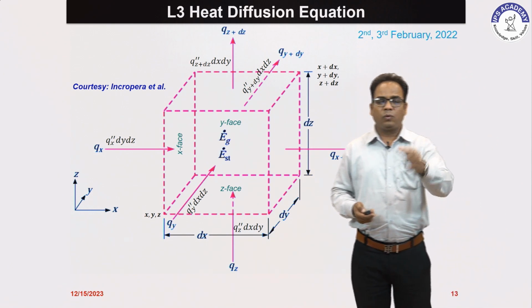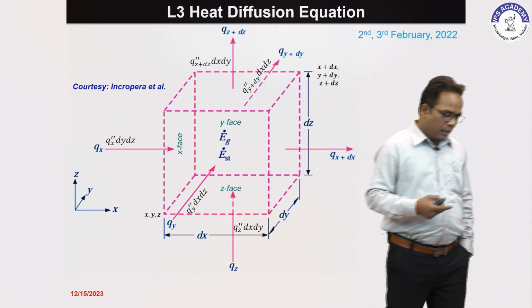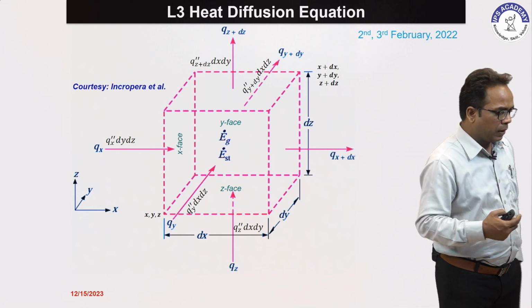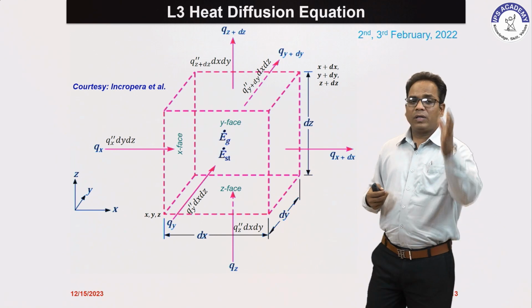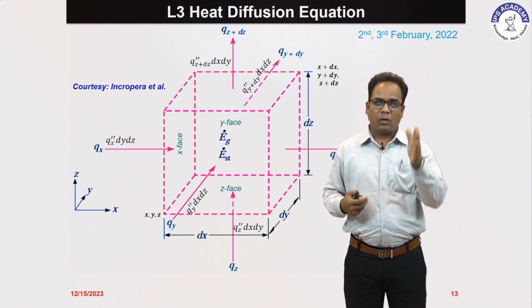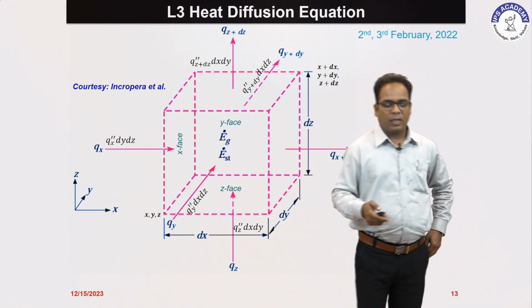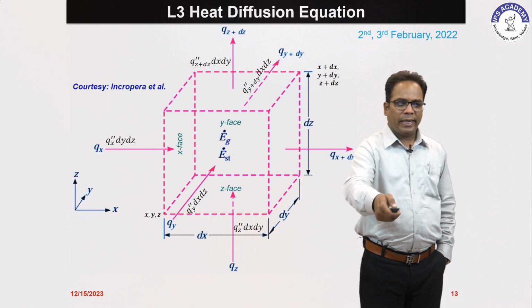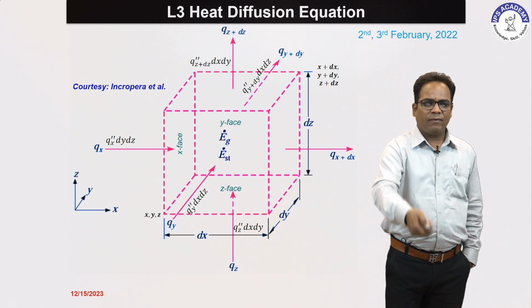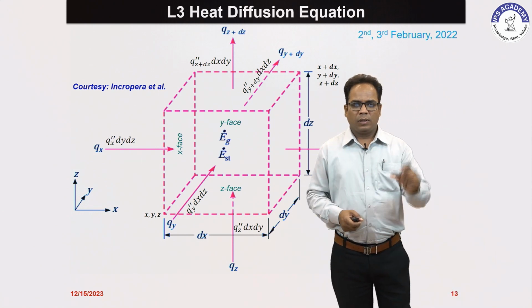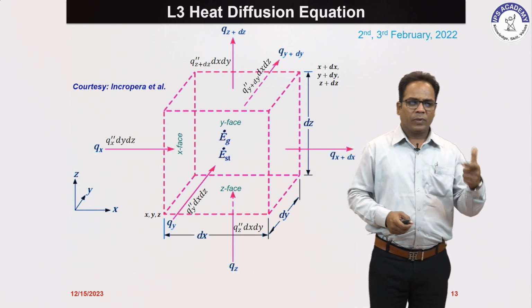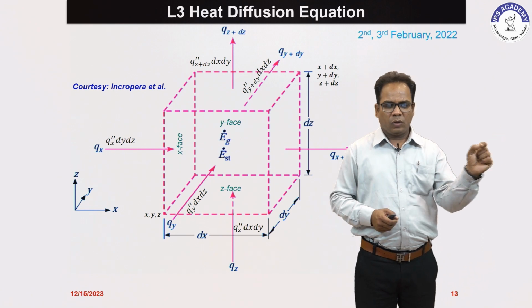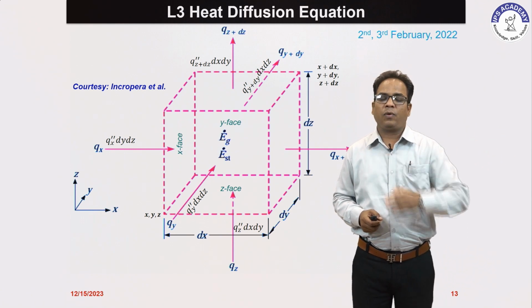We have to consider the area across which the heat is transferred. So what would be the area of this x phase? The area of the x phase is delta y and delta z. This is the cross sectional area through which the heat enters the control volume.